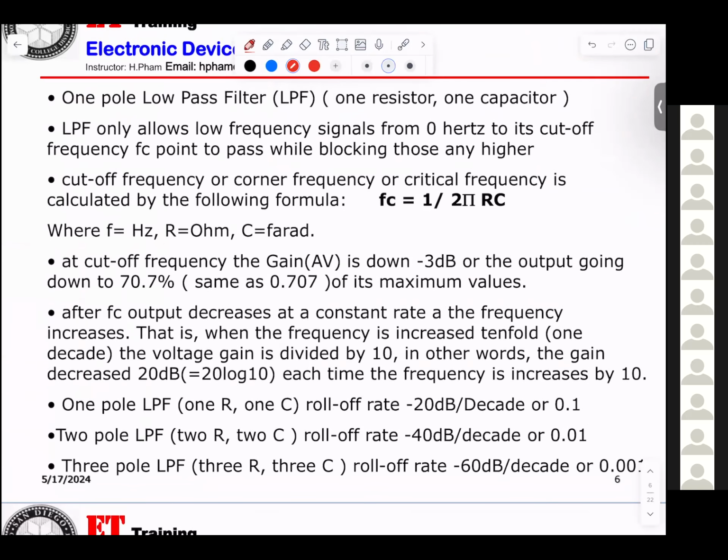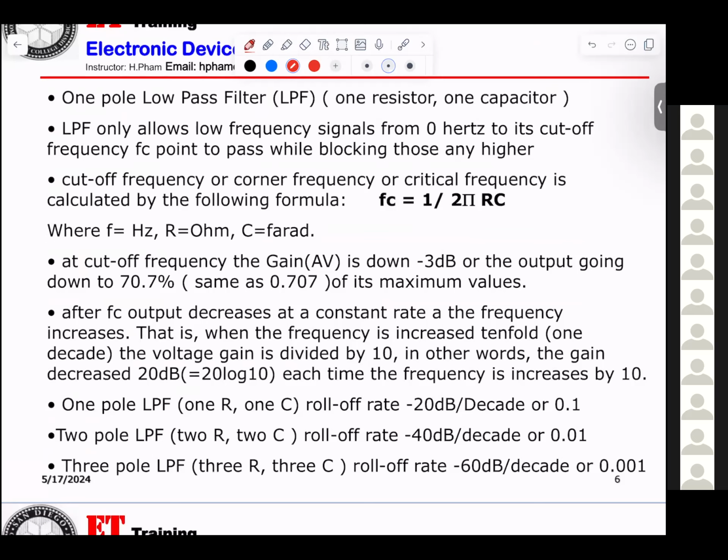Now, one pole low pass filter. You can get a 1 pole, 2 pole, or 3 pole filter. 1 pole, what does that mean? In the circuitry, you have 1 resistor and 1 capacitor. 1 pole; 2 resistors, 2 capacitors, 2 pole, and so on.